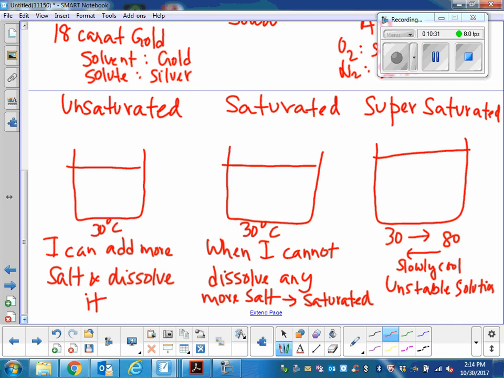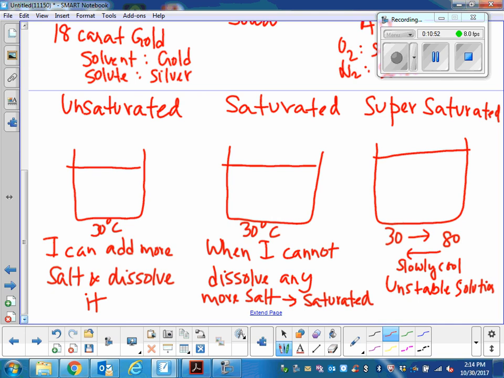It will become a solid, like that heat pad. You snap it, right? Just a little bit of mechanical stress, and then it solidifies. But when you cool it, it will still be a liquid. Such a solution is called a supersaturated solution.